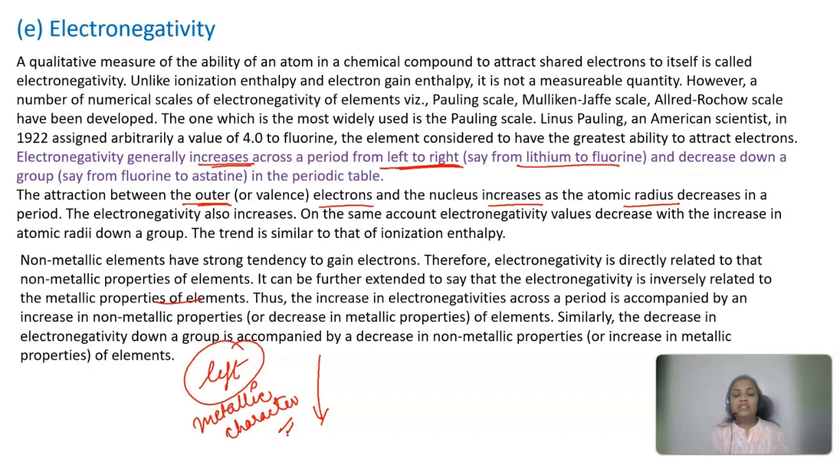So when we are moving left to right in the periodic table, non-metallic character increases, and when we are moving top to bottom, metallic properties increase. Down the group, non-metallic behavior decreases, or metallic property increases.